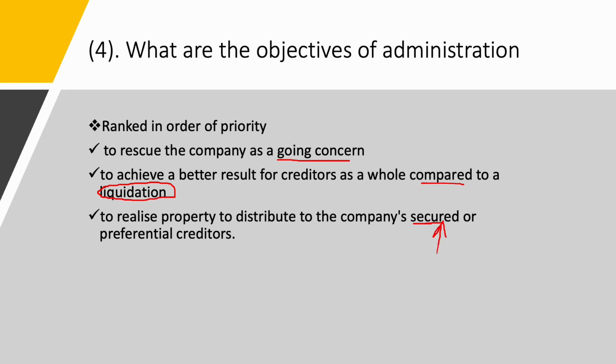So, as you can see here, the administrator can realize this property and distribute it to this secured creditor. And then, of course, there is a hierarchy of creditors. We have preferential creditors, and we are going to be breaking down all these terms so that you understand them better. These are people who are paid first, based on the hierarchy.